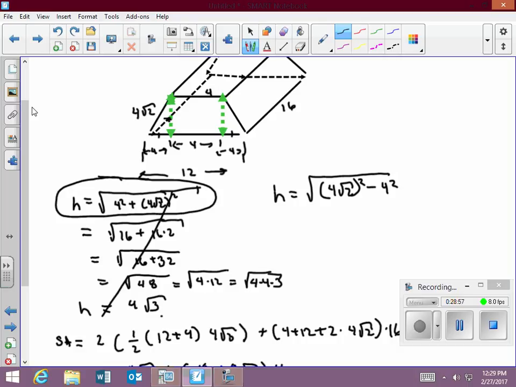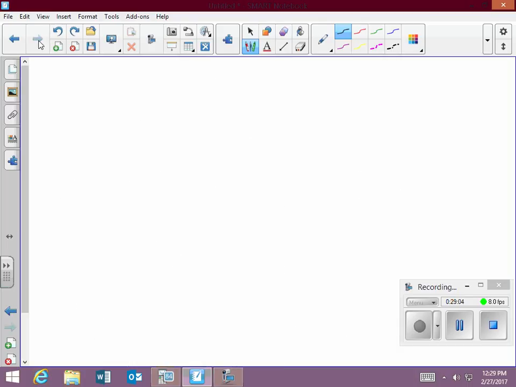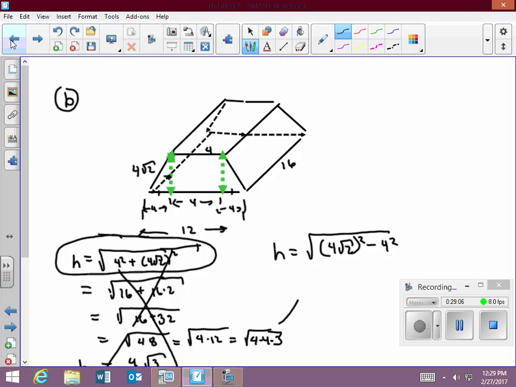So this right here is wrong. It's this value over here. Okay. It's this. 16 times 2 minus 16, which is the square root of 16, which is 4.